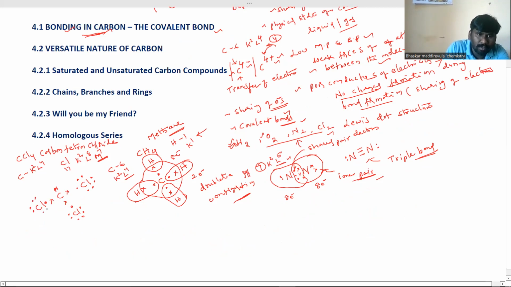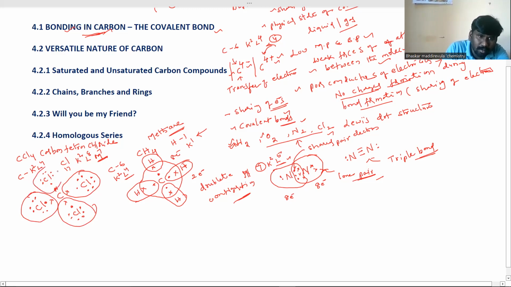So this is the Lewis dot structure of carbon tetrachloride. By that, all chlorines attain an octet configuration.